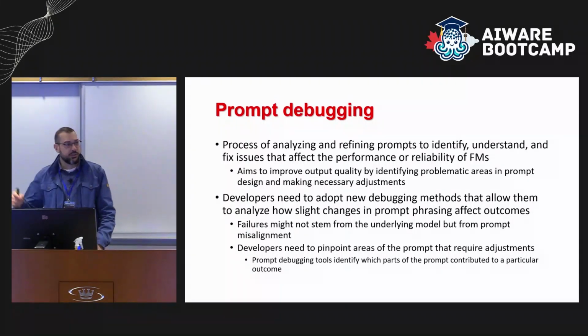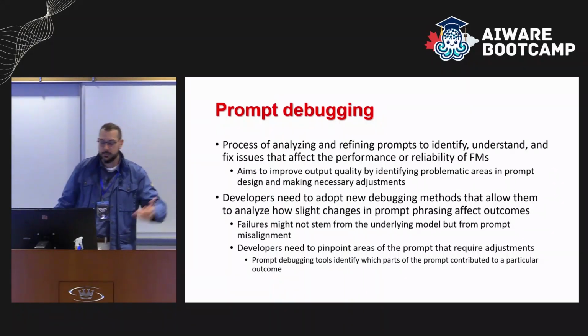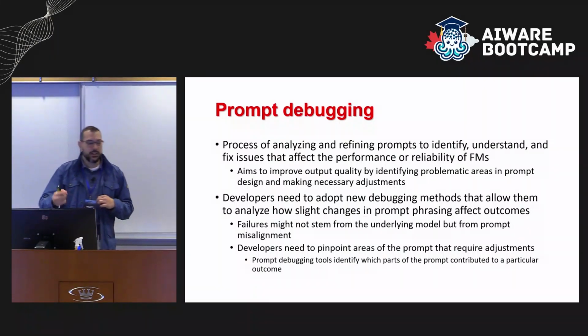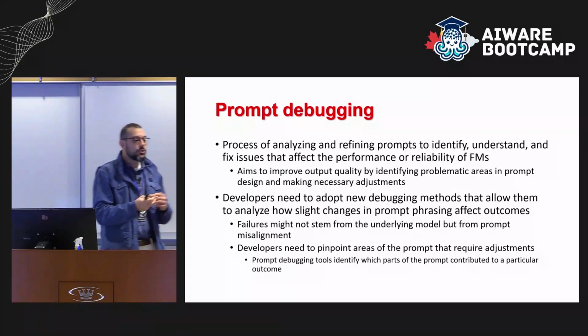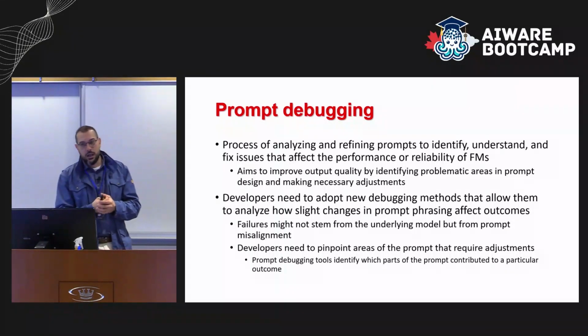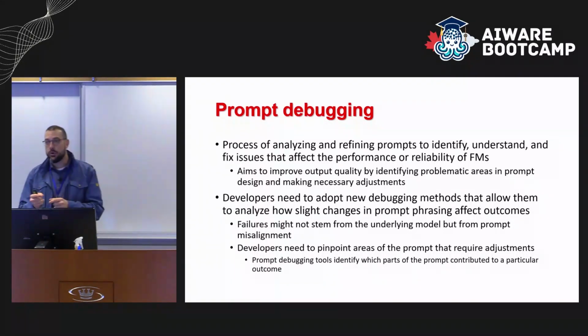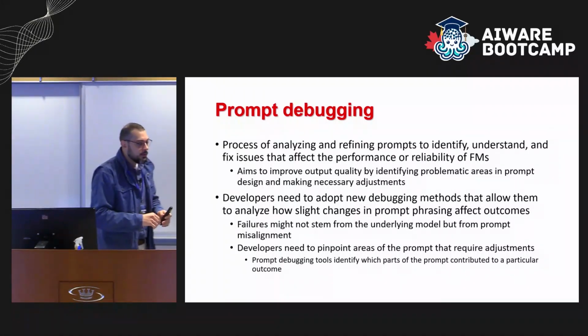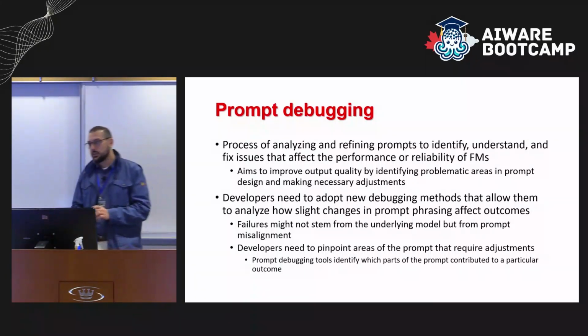You remember the figure where I just removed one space and I went from 0.7 accuracy to 0.03 accuracy, okay? So the point here is that developers need tools, okay, that allow them to pinpoint the areas of the prompt that require adjustment. And if we are just writing prompts on your IDE, you usually don't have this support.